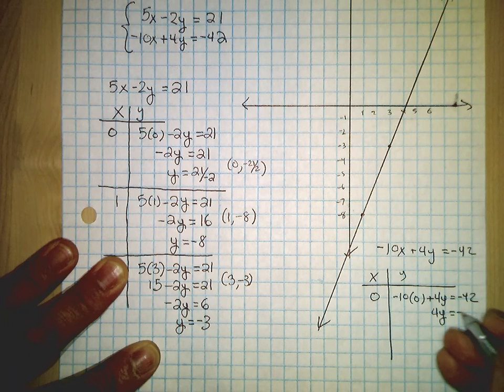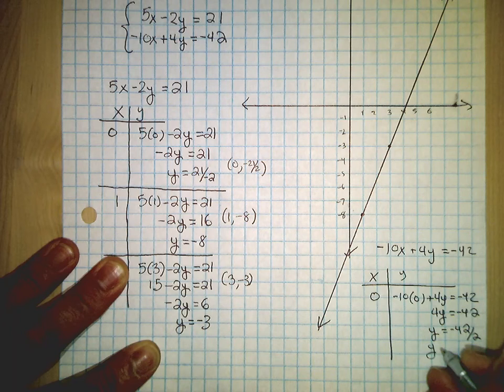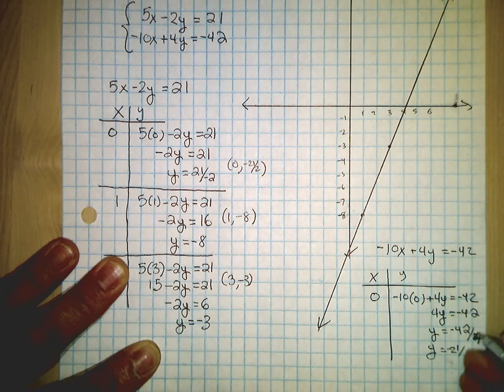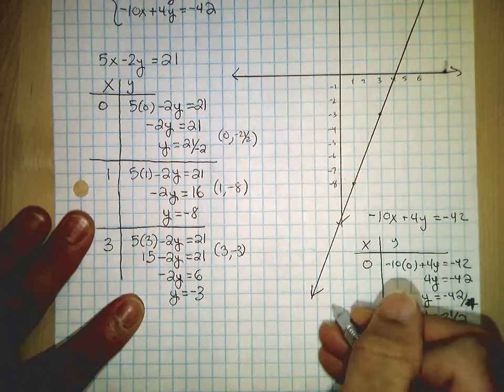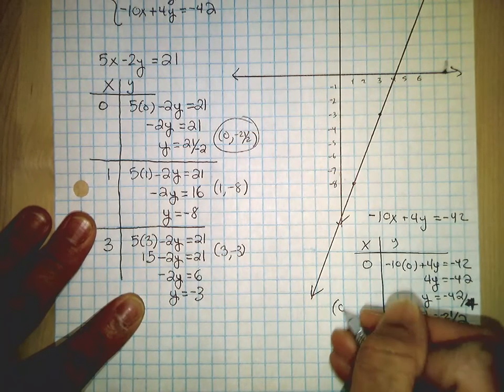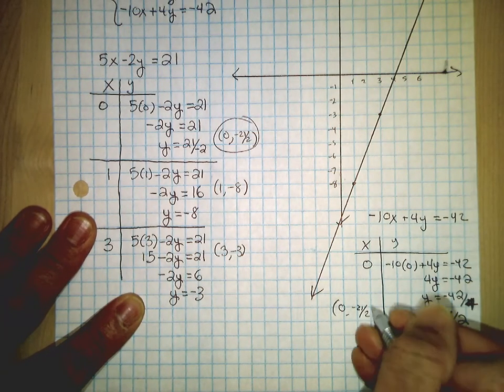So 4y is negative 42, or y is negative 42 over 2. And that reduces to negative 21 over 4. Whoop. And that reduces to negative 21 over 2. All right, now you see that this point was on both of the lines.